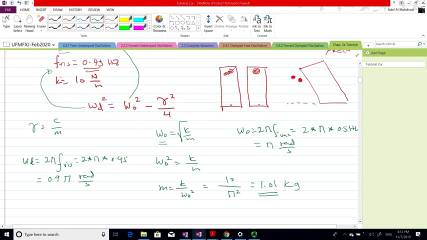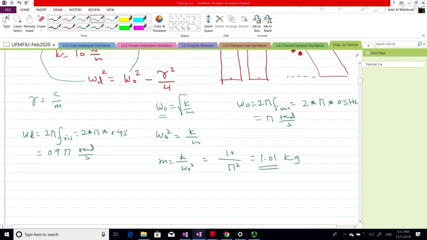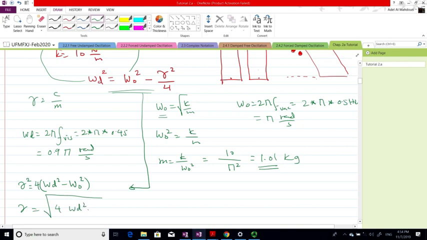Gamma will be what? If we would like to derive this one, then gamma squared will be omega D squared minus omega naught squared multiplied by 4, isn't it? Then gamma, if you take the square root of both sides, left and right side of the equation, you will get the square root of 4 times omega D squared minus omega naught squared.